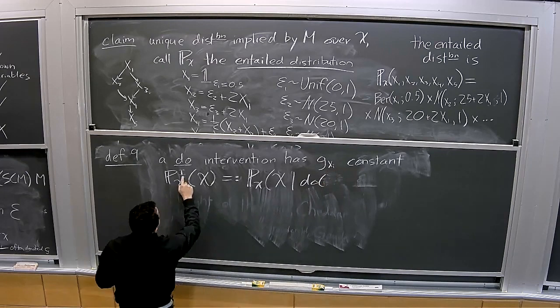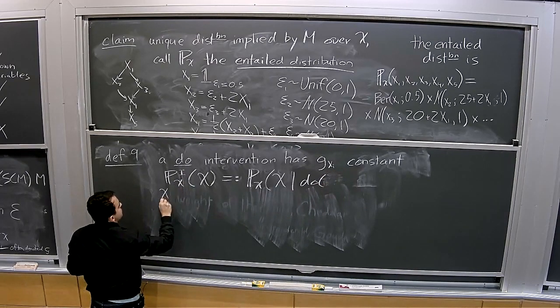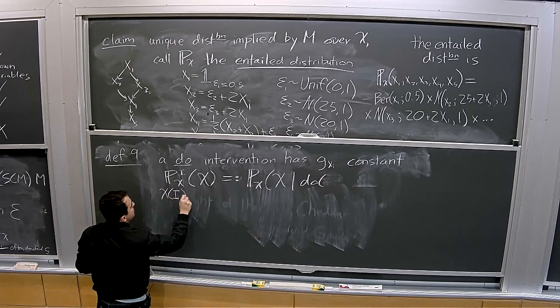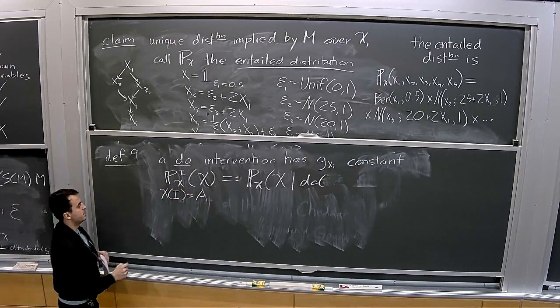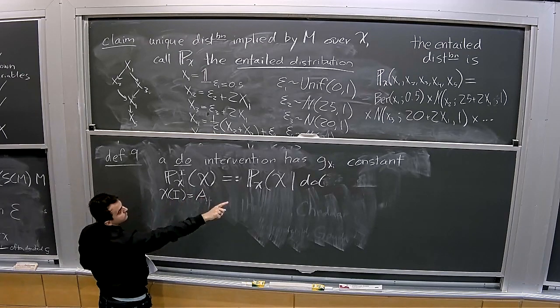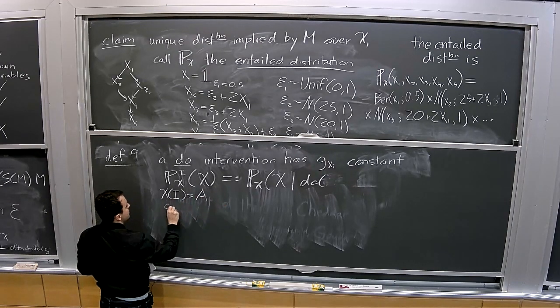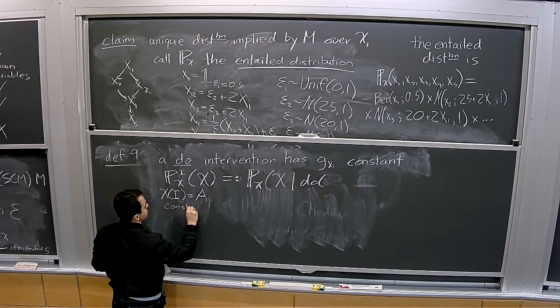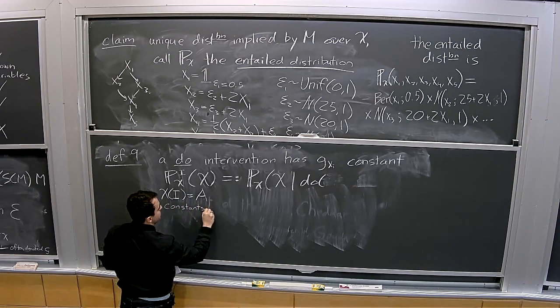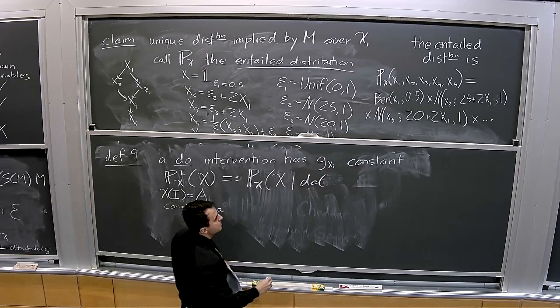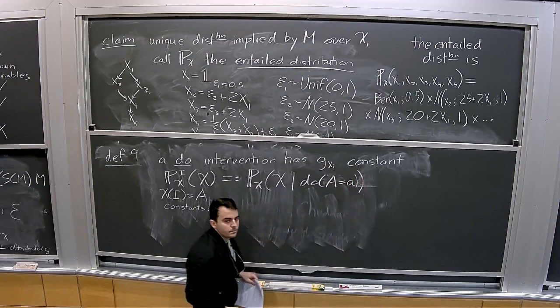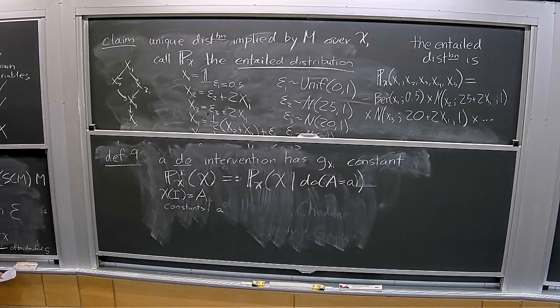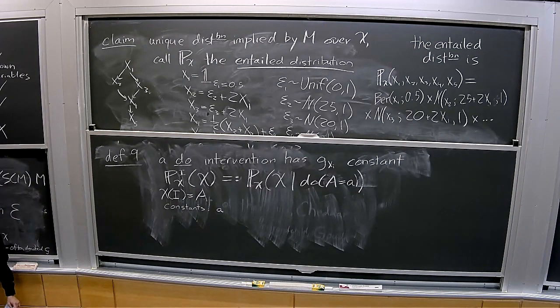So say the intervention targets of I are equal to this capital A set, and the constants that we're setting this equal to are this little a, then this is going to be do(A = a). That's going to be a little cleaner when we're focusing on do interventions, which will be most of what we're doing in the next lecture.